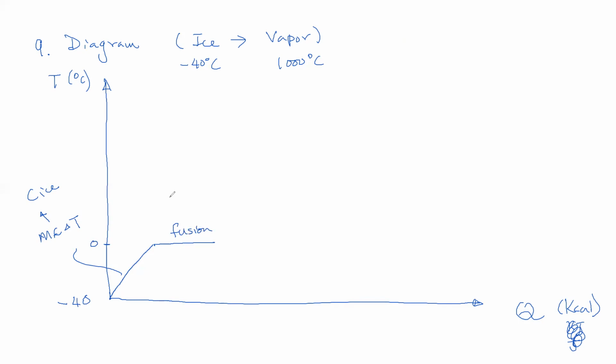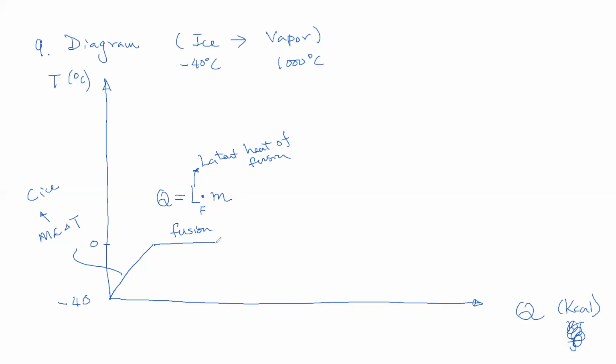And the formula is going to be heat is equal to L times the mass of the ice. The L is the latent heat, right? So this is LF, latent heat of fusion.